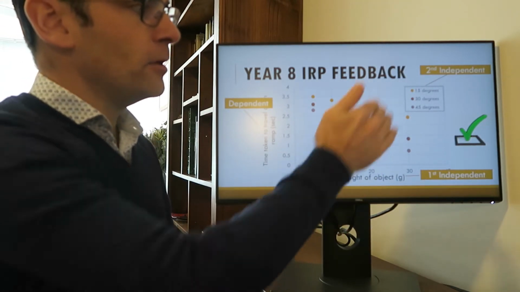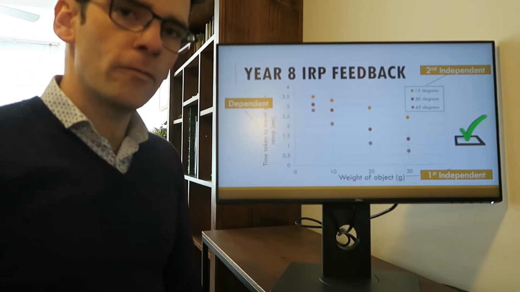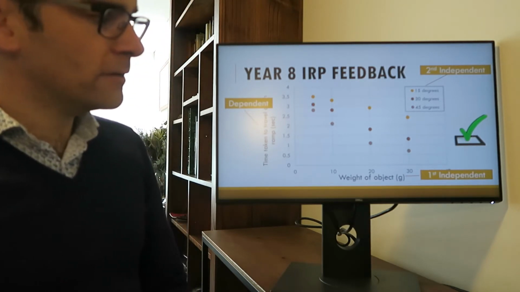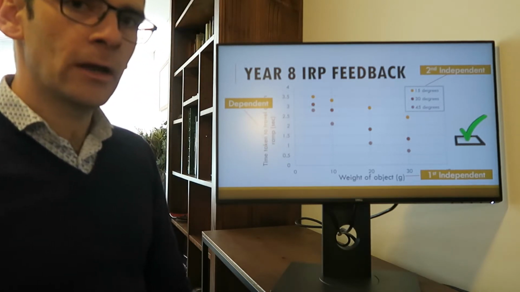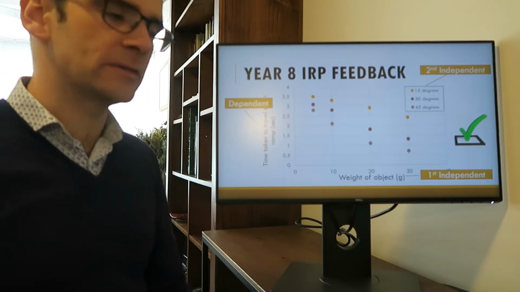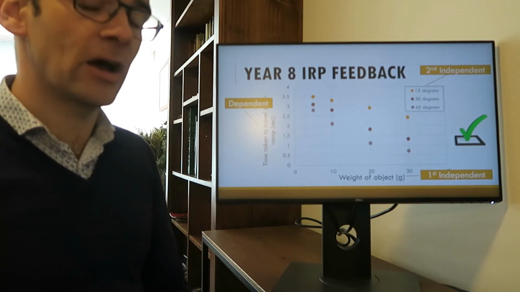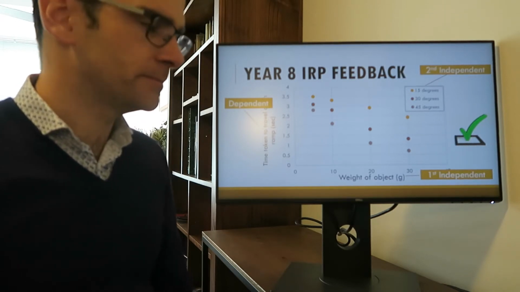So if we combine both these factors, we could say, looking at this graph quite easily, that the overall trend is that as the weight of an object as well as the slope of the gradient increases, so too does the speed of that object. Or in reverse, you could say the time it takes for it to travel from point A to point B is reduced.